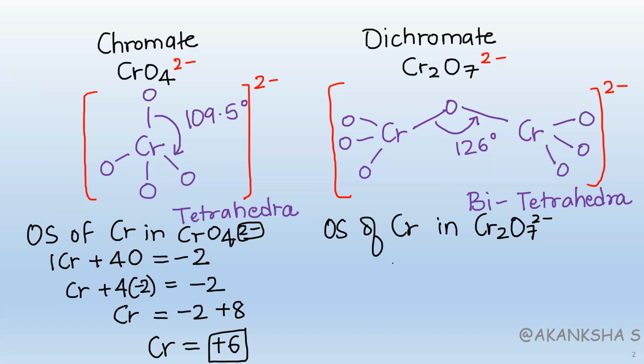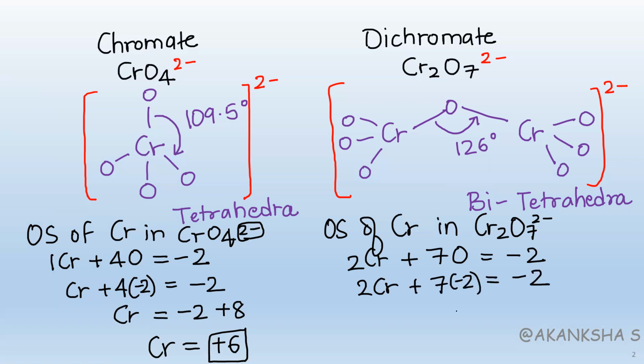Let's see in dichromate how things are working. We have 2 chromium atoms, 7 oxygen atoms, and the total charge of the ion is -2. Again, evident that oxygen carries a charge of -2 itself, and there's -2 outside. 2 chromiums giving me, let's say, +12 over here.